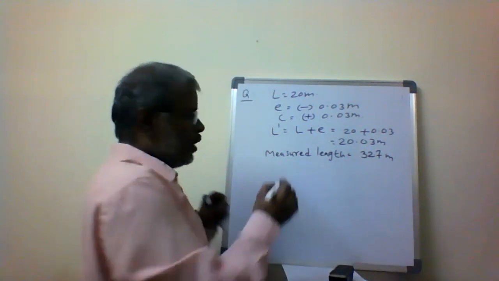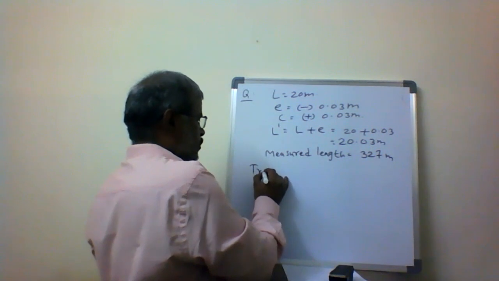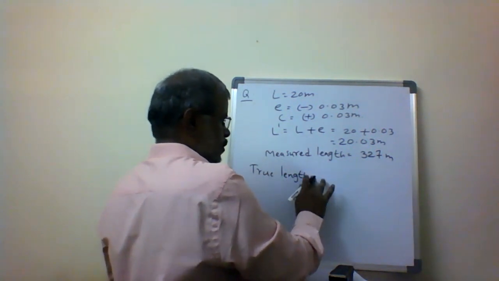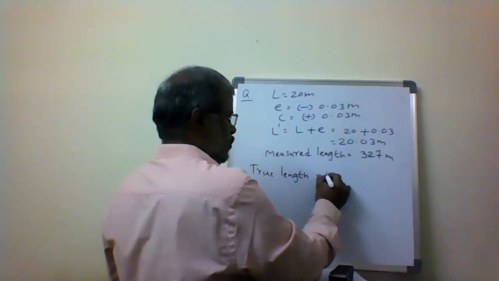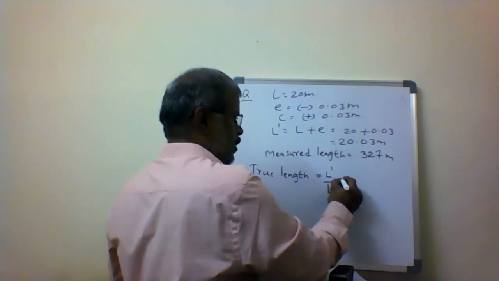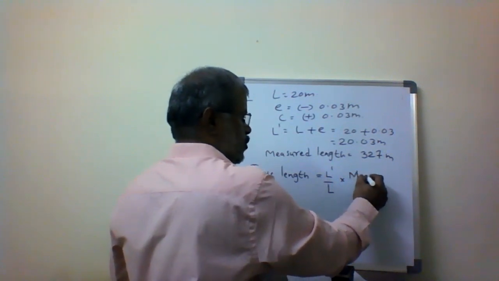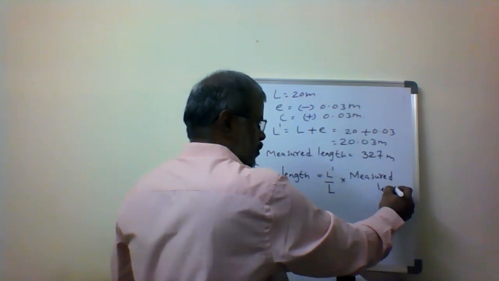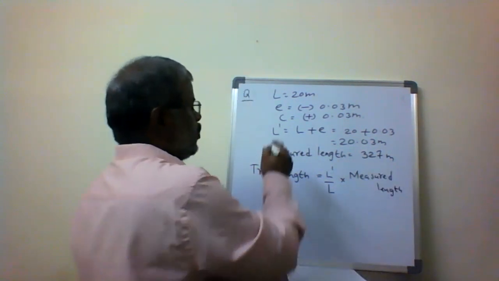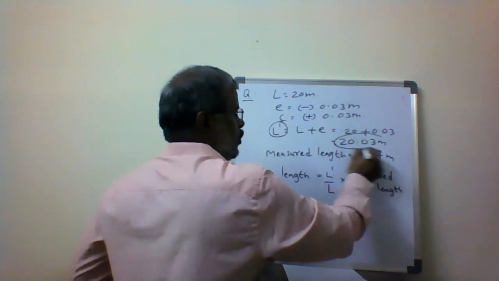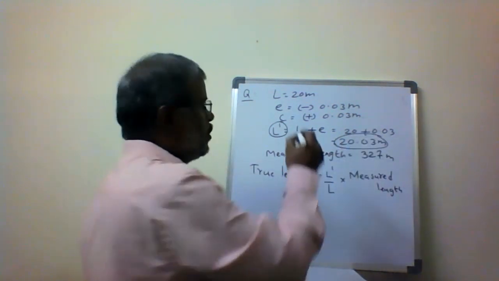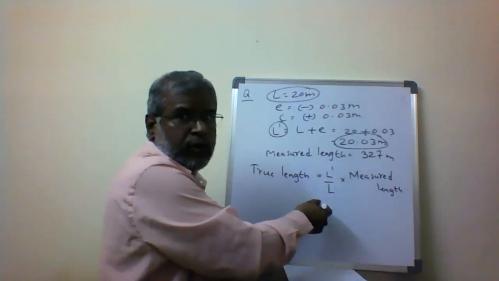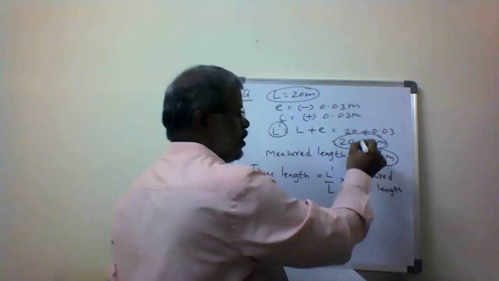Now by using the formula, true length equals L dash by L into measured length. L dash, we know, is 20.03 meters. L is 20 meters. Measured length is 327 meters.